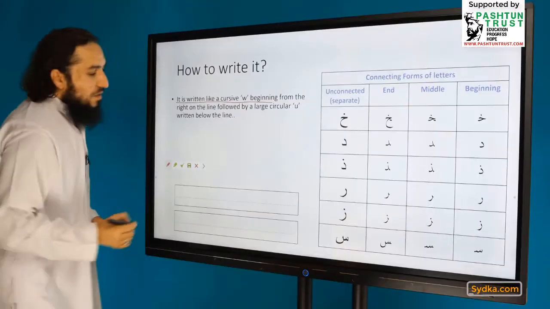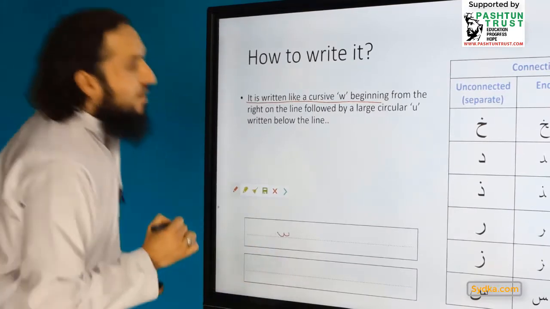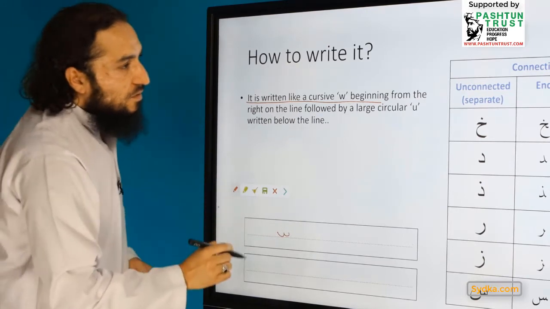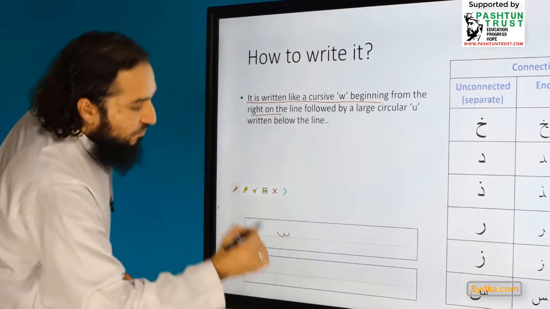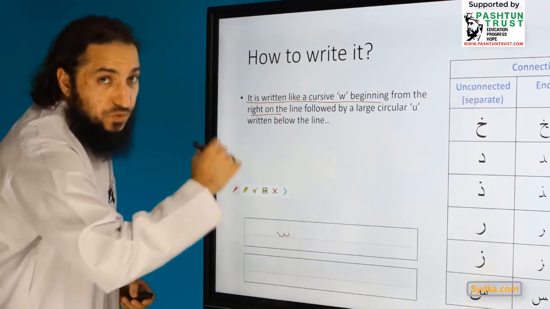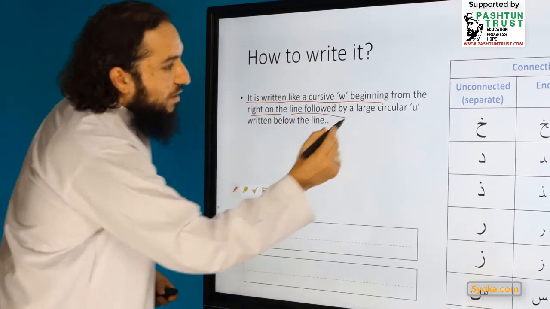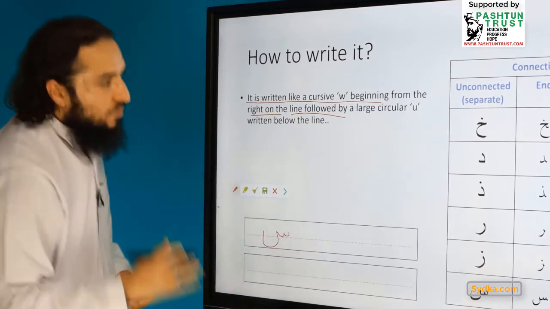Beginning from the top, we have to be above the line. Start from the right. While writing W in English, we start from the left, but with Arabic we have to start from the right, followed by a large U cycle below the line.